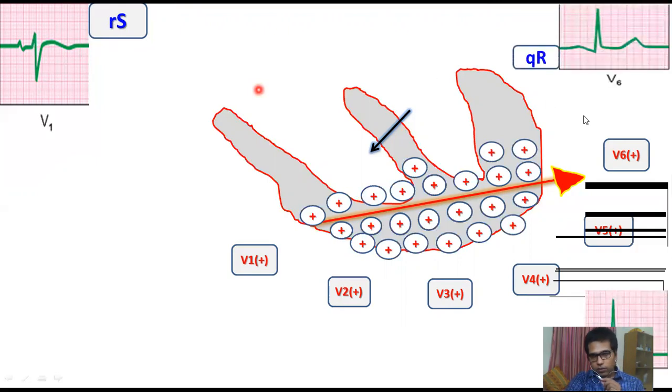Now, how does V6 record the same electrical activity?